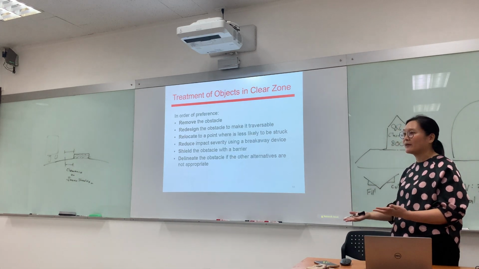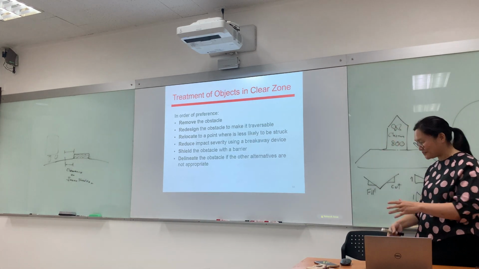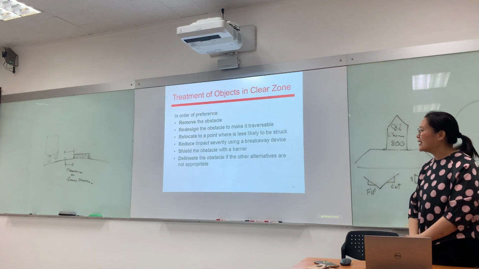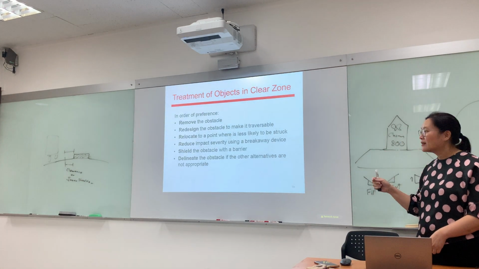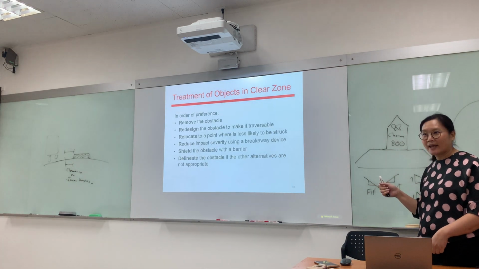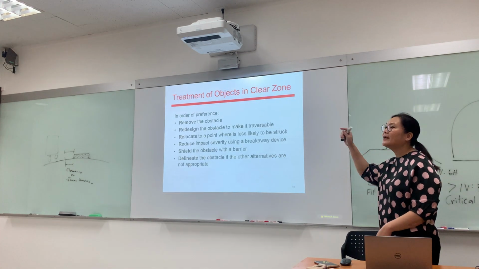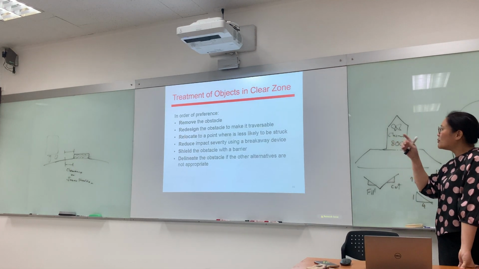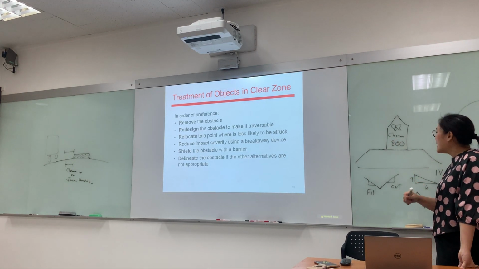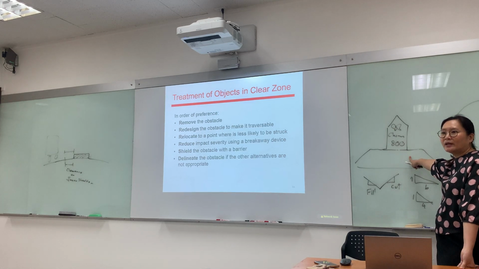Or some tree with no 7 color rope, you can move. So if you don't remove it, you can relocate. But if you cannot relocate, you might need to redesign. How to redesign? Redesign the obstacle to make it traversable. This one, can we redesign?